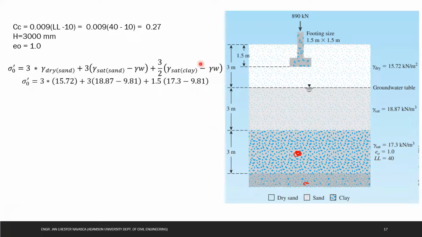So effective stress is equal to 3 times 15.72 plus 3 times 18.87 minus 9.81 plus 1.5 times 17.3 minus 9.81. So you have your effective stress of 85.58 kilonewton per square meter.